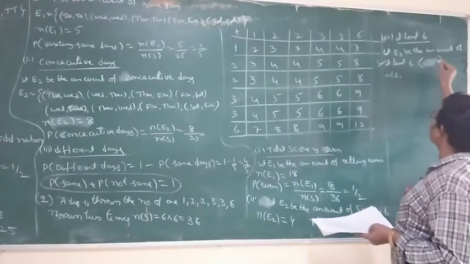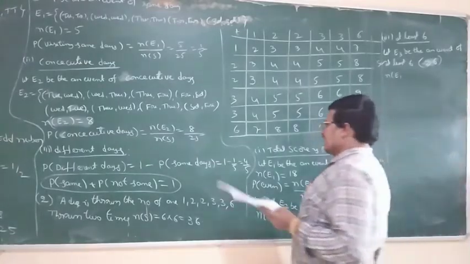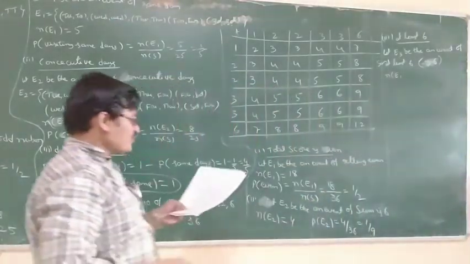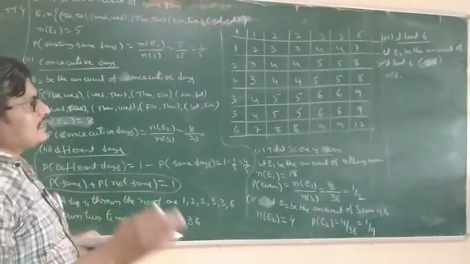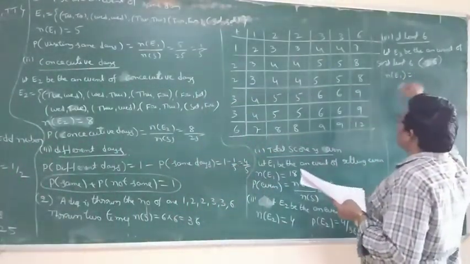At least 6 means greater than or equal to 6. At least 6 means minimum 6 and above.